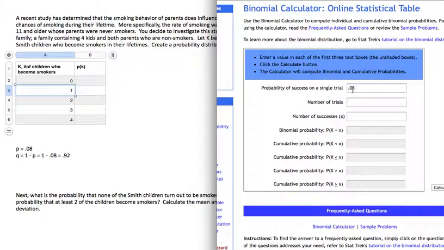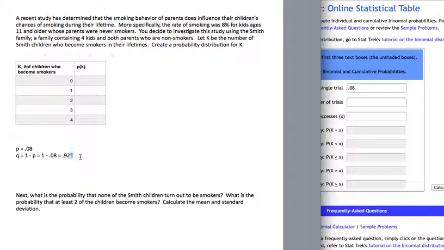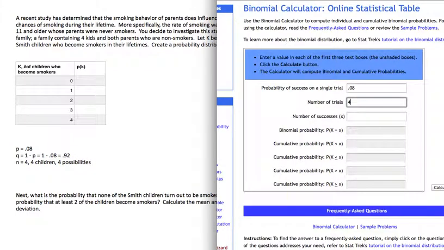Probability needs to be between 0 and 1. The number of trials is n, and in this particular problem, n is equal to 4, which represents the 4 children. So there are 4 trials out of a sample of 4 kids.